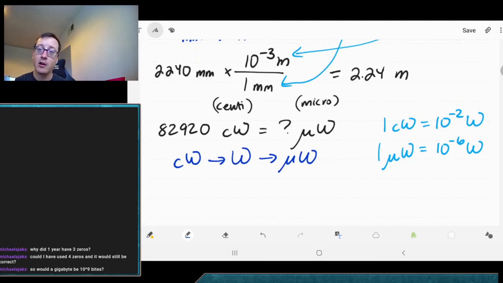Just looking at our conversion factors that we have, I'm saying, okay, well, I have centi, I have micro, let me just put out the definitions of those, and poof, now we have 2 conversion factors. And we see here that both of these have a watt. Both these conversion factors have watts in them. So it would make sense for us to use watts as the middle part of this conversion.